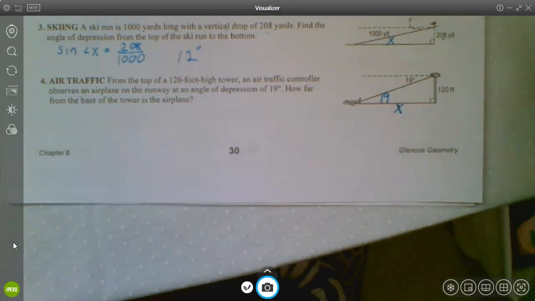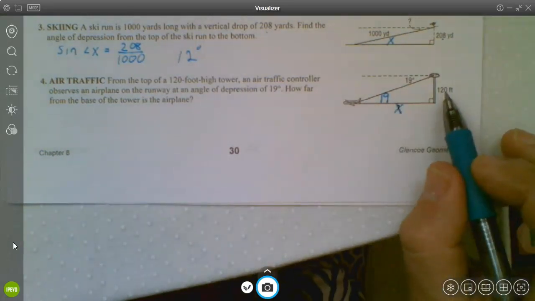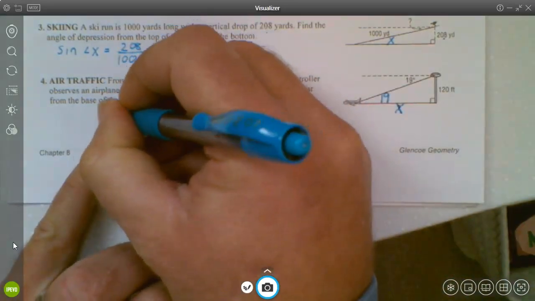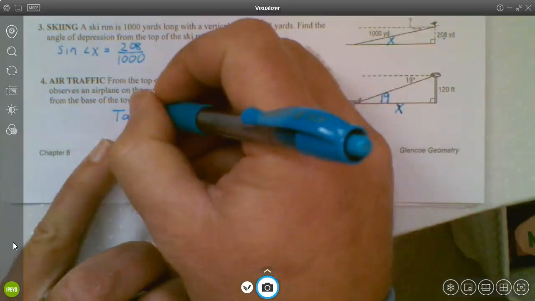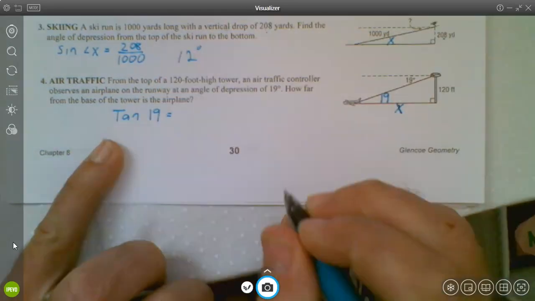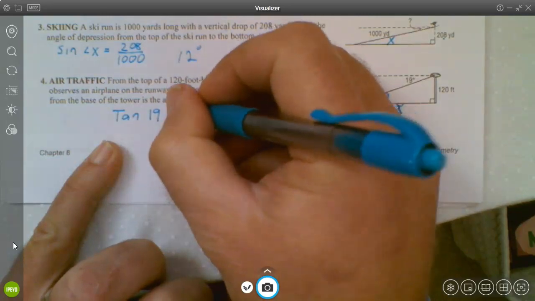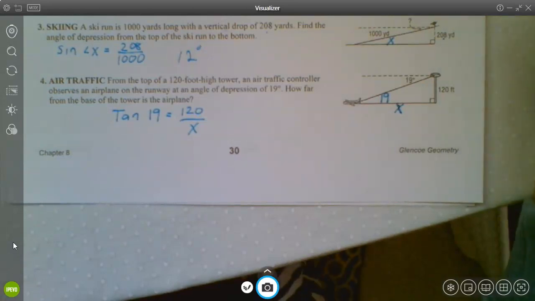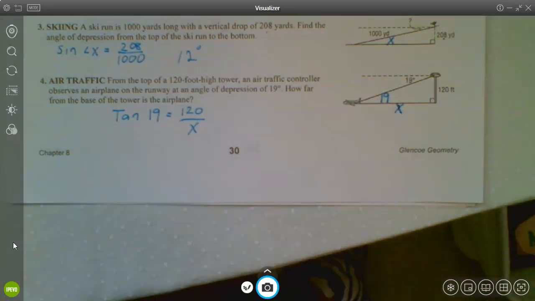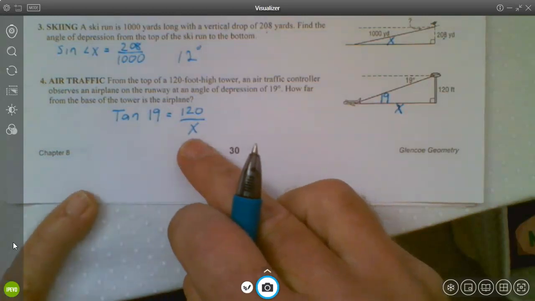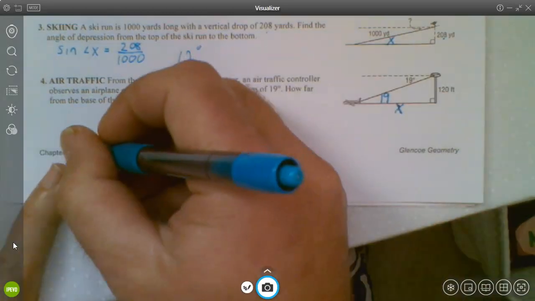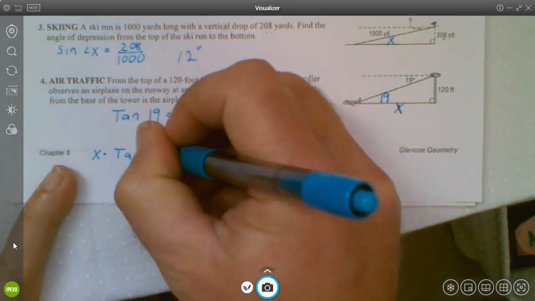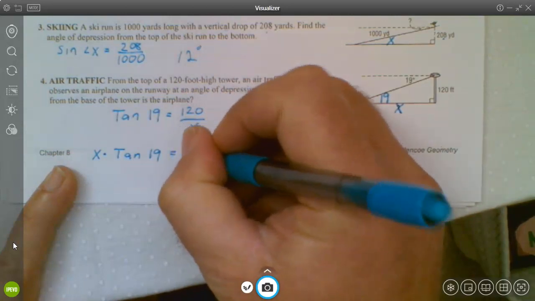Let's set up our trig function. From this angle, I'm looking at the opposite leg and the adjacent leg, so that is my tangent function. The tangent of our angle, which we know is 19 degrees, is opposite over adjacent. So there's our setup. If I want to get x by itself, remember how we did this earlier: you take this bottom piece and multiply it over to the other side, so it becomes x tan 19 equals 120.